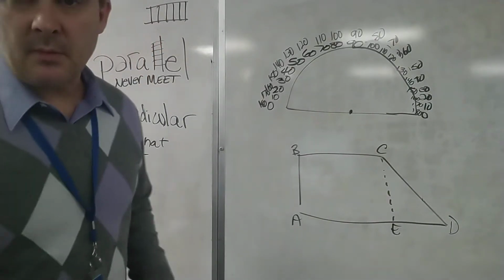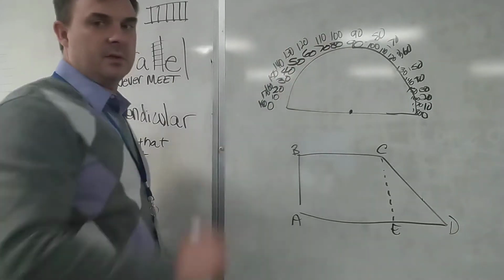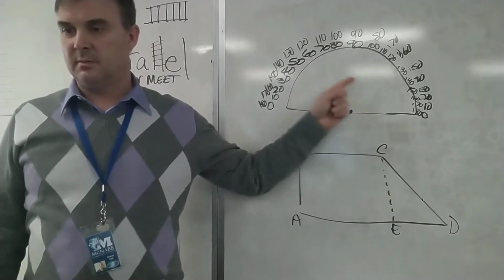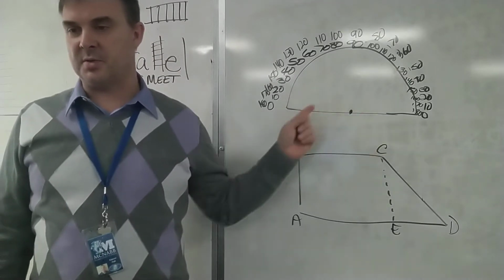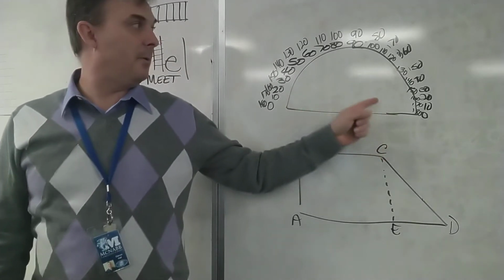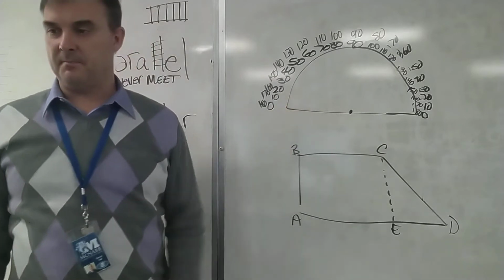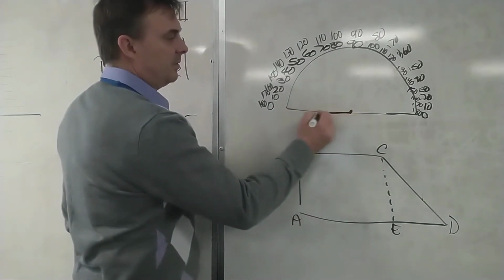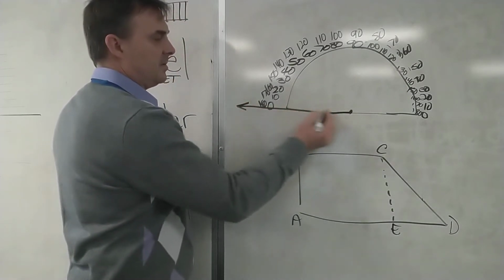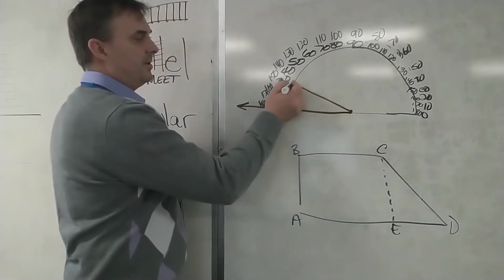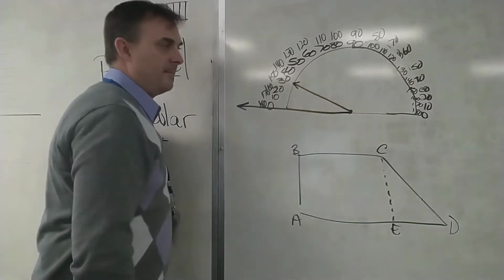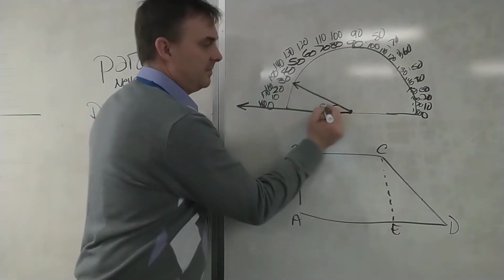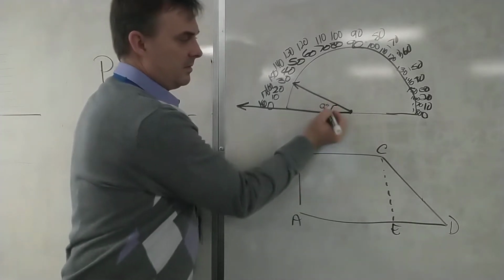All right. So I drew a protractor up here. If I have an angle, a ray, that goes through this way and through this number, what is the degree of my angle?